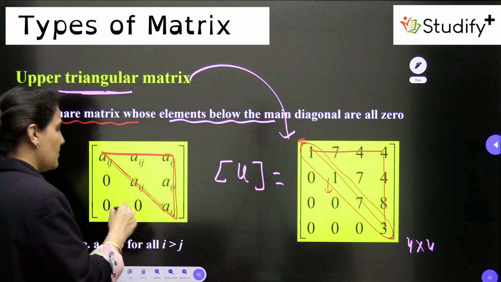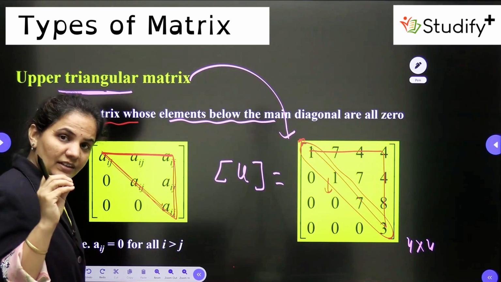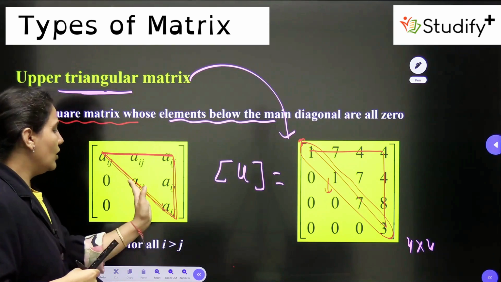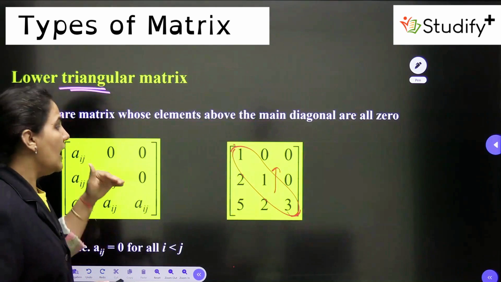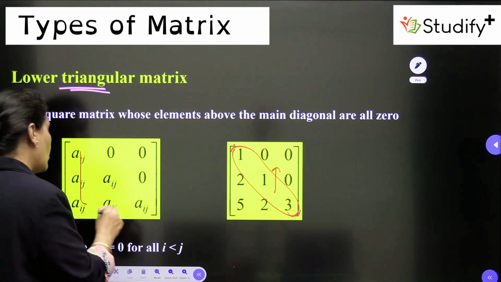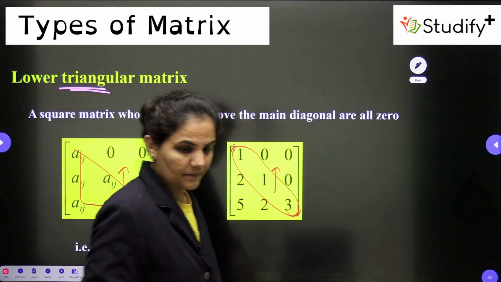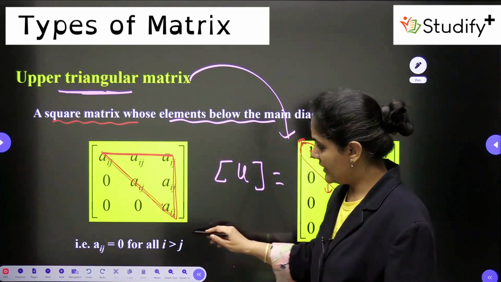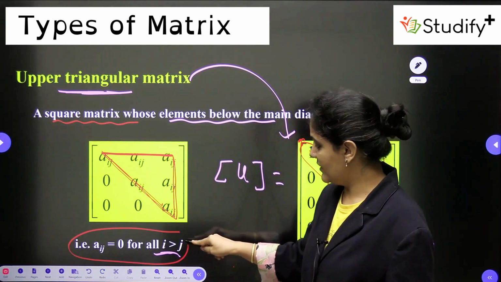Okay. So in simple language, if in a square matrix all the elements below the principal diagonal are 0, it is called upper triangular. If all the elements above the principal diagonal are 0, it is called lower triangular, my dear students. We can write here also, Aij equals 0 for all i greater than j.